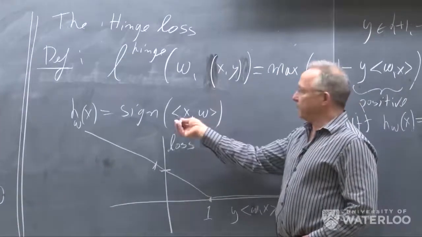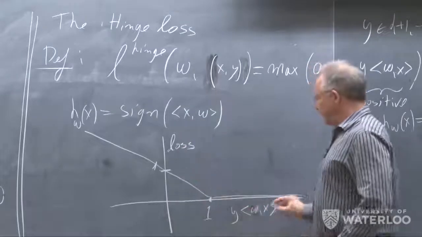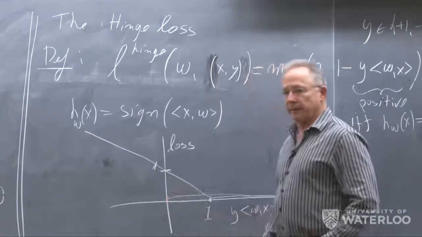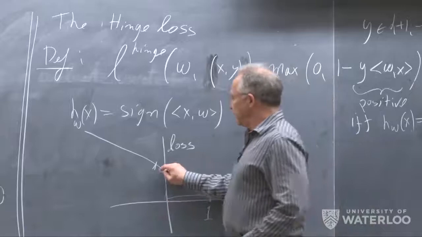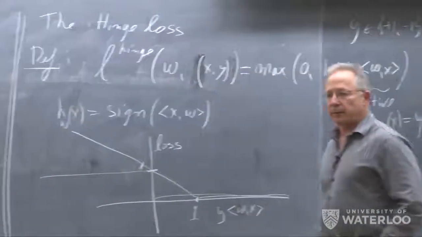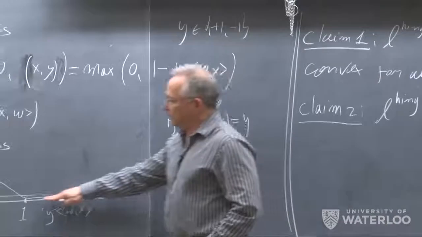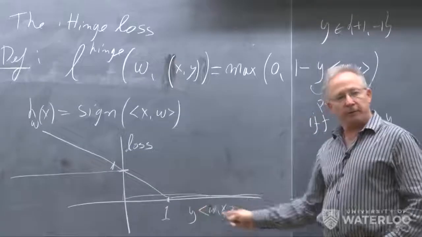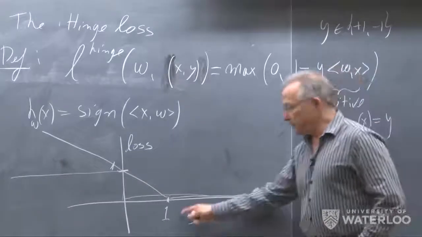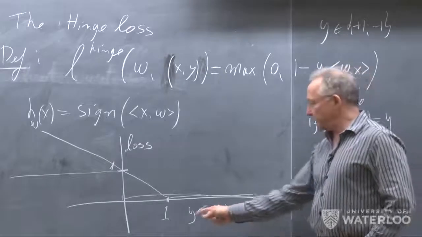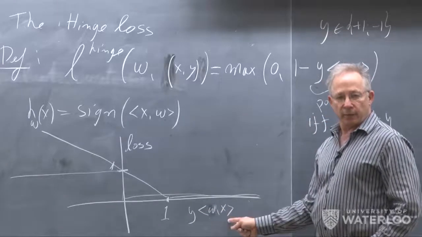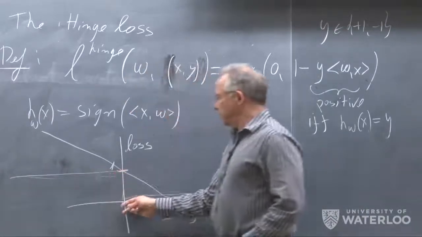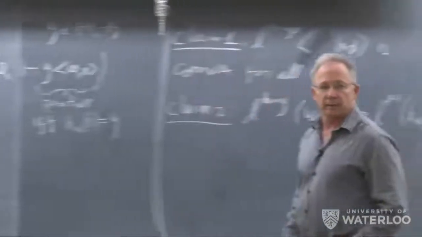When I don't make a mistake, the sign of this is the same as the sign of y. So it is 0 all the way up to here. And once I make a mistake, it becomes 1. Whenever this product is positive, my 0, 1 loss is 0. The minute this product is negative, which means the sign of y is not the same as the sign of the inner product, it becomes a 1. So that's the 0, 1 loss, and it's always below the hinge loss.